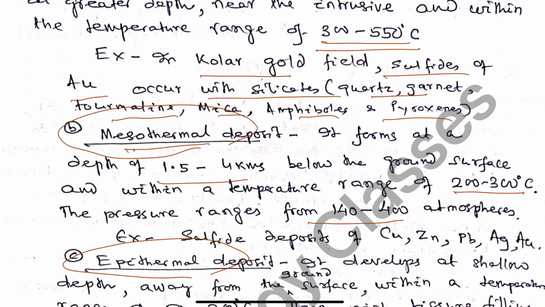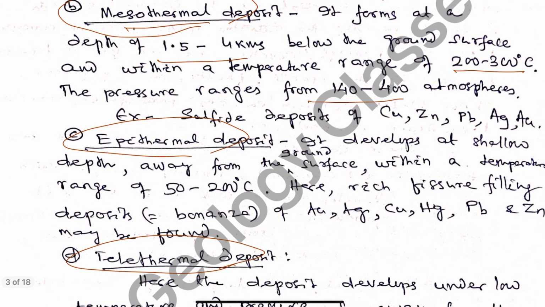Depth is around 1.5 to 4 kilometers. So this takes place at an intermediate depth compared to the hypothermal deposits. And similarly, here the sulfides of copper, lead, zinc, gold and silver are found to be deposited.